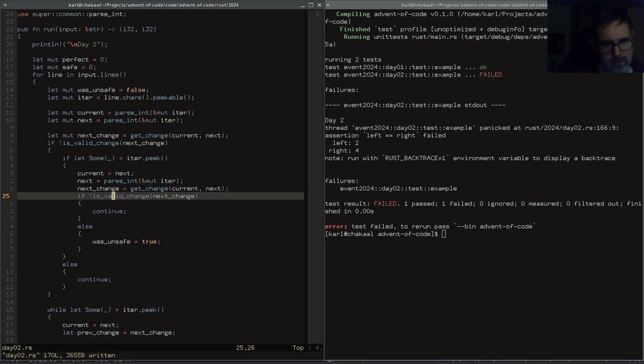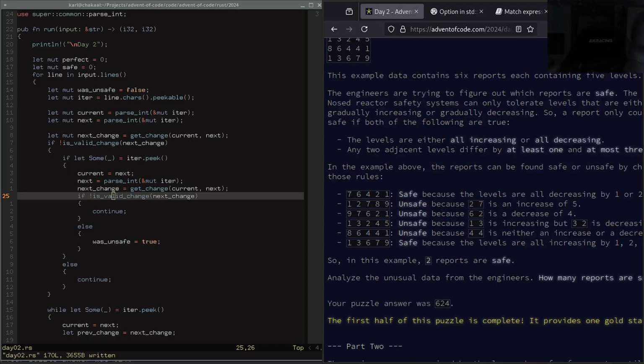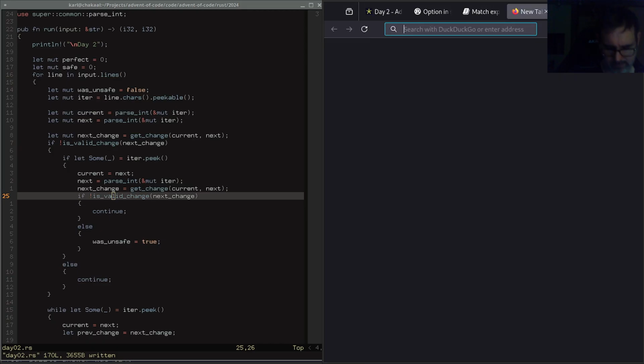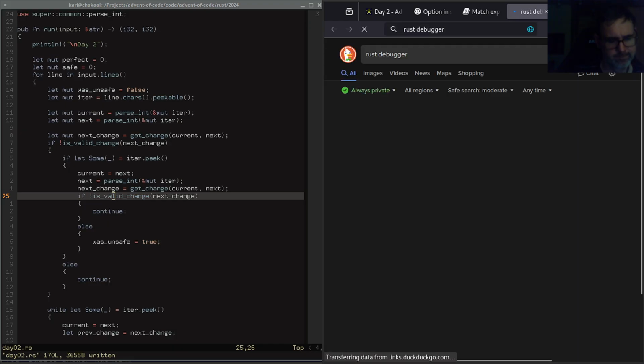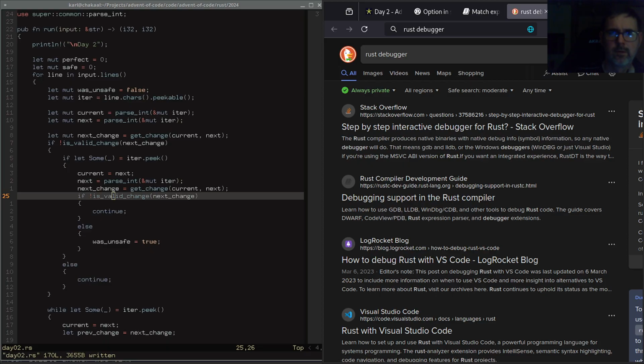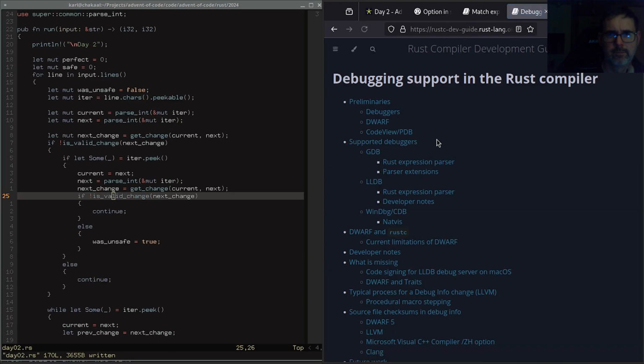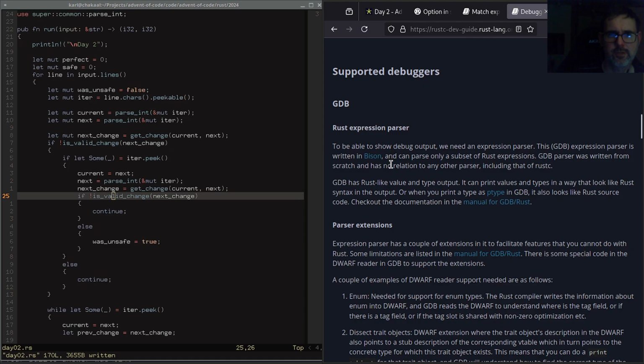Okay, so this may have to. It would be nice to have a debugger. So I can just use GDB.